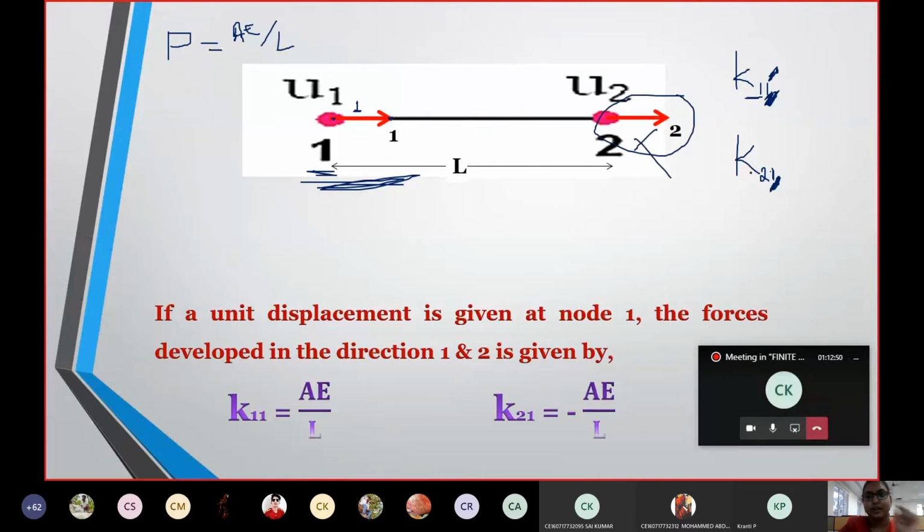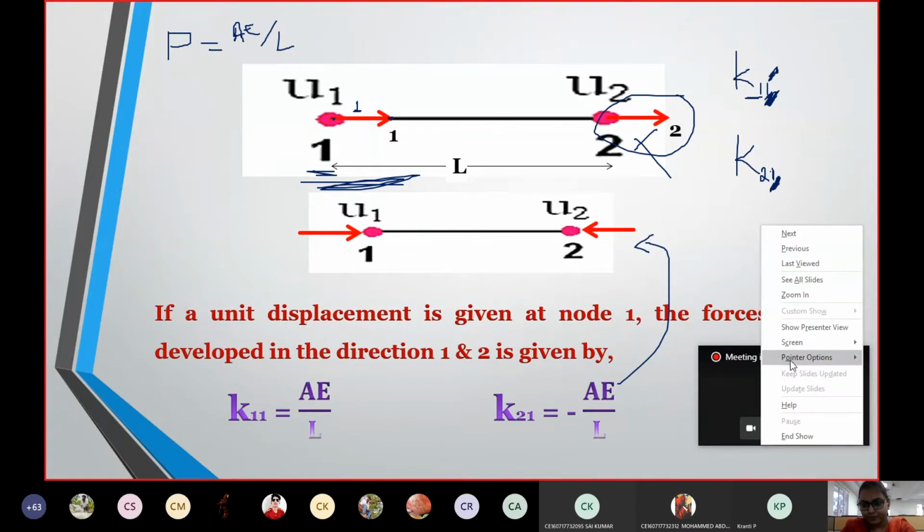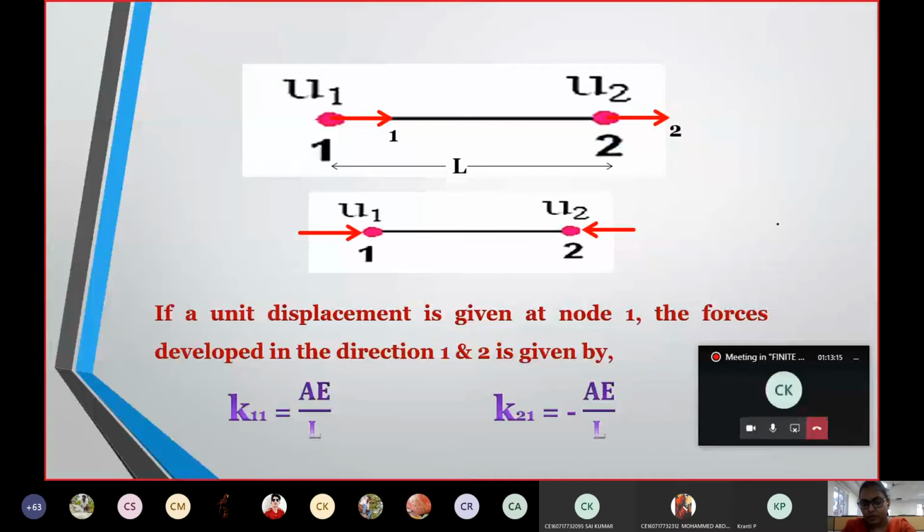For that reason, I should give an equal and opposite force, minus AE by L, to restrict this displacement from happening. So K21 will become minus AE by L. Understood? Are we clear? Yes, ma'am.